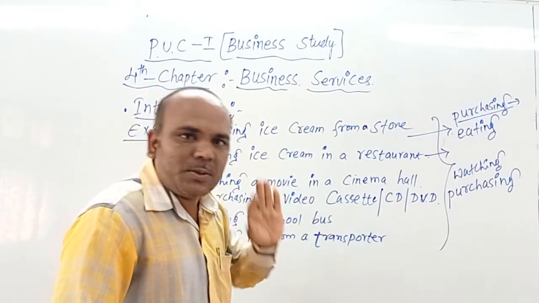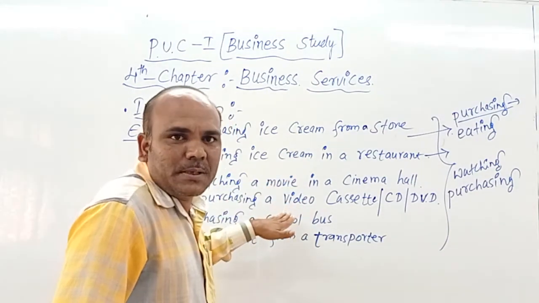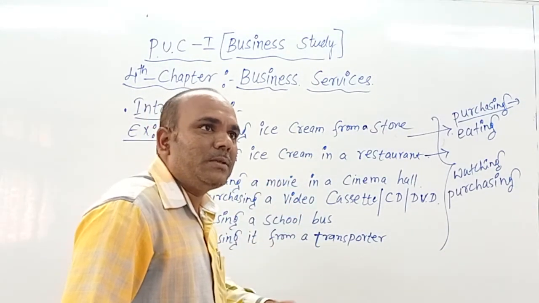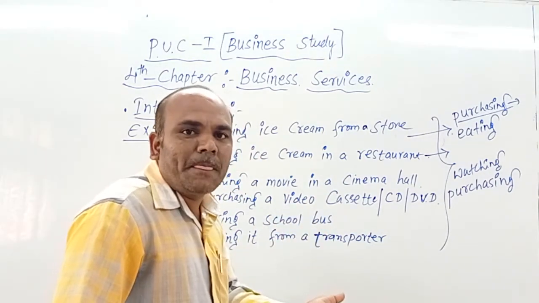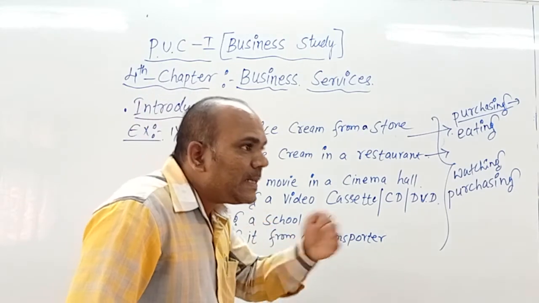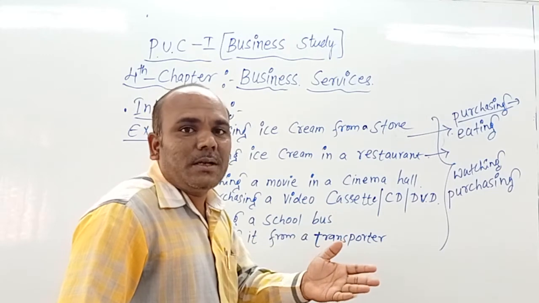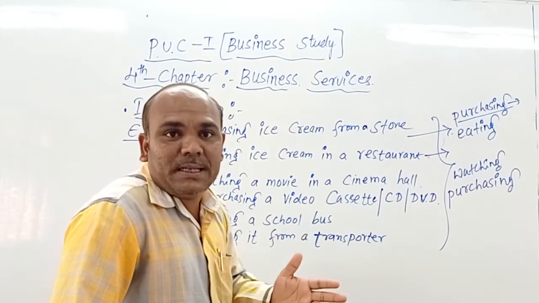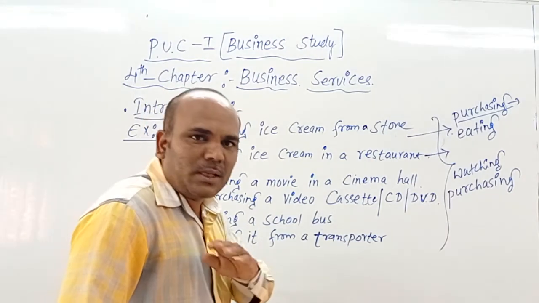So there will be a lot of difference in these three examples. ನಿಮಗೆ ಗೊತ್ತಾಗಿರ್ತದೆ ಏನಪ್ಪಾ ಅಂತಂದ್ರೆ ಸರ್ವಿಸಸ್ ಆರ್ ಇಂಟ್ಯಾಂಜಿಬಲ್ ಇನ್ ನೇಚರ್. It means we can only experience it. It does not result in physical ownership of anything. ಅಂದ್ರೆ ನಾವೀಗ ಫಿಸಿಕಲ್ ಆಗಿ ಓನರ್ಶಿಪ್ ಅನ್ನು ತಗೋಬೇಕಂತಂದ್ರೆ ಅದು ಸಾಧ್ಯ ಆಗೋದಿಲ್ಲ.